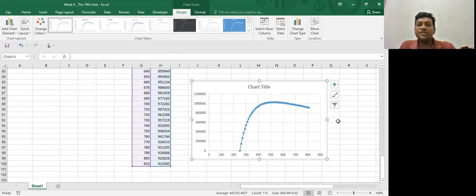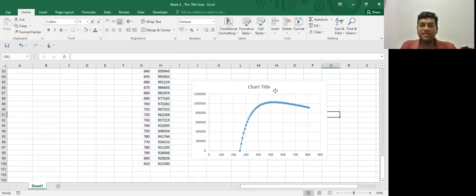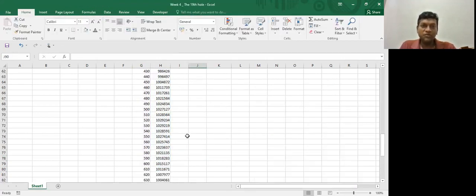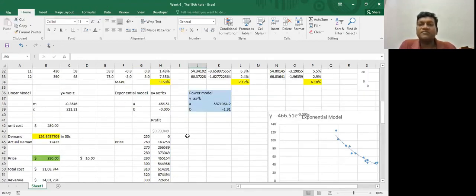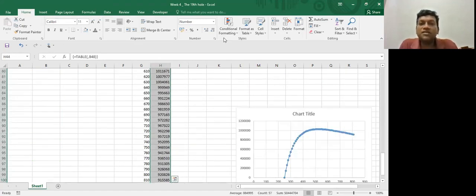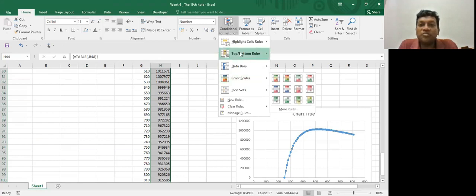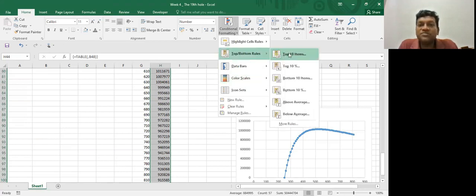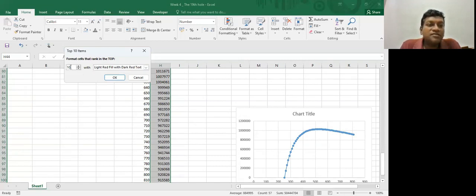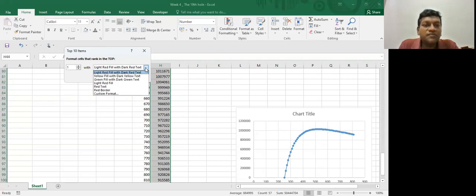So one way we can determine that is to use the conditional formatting function of Excel. Select all the cells here, Control Shift Down, go to conditional formatting on the Home tab, and then say color scale, or maybe I can use top/bottom rules, top 10 items, and fill the top cell with green.